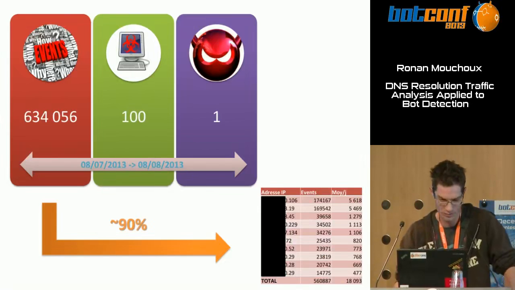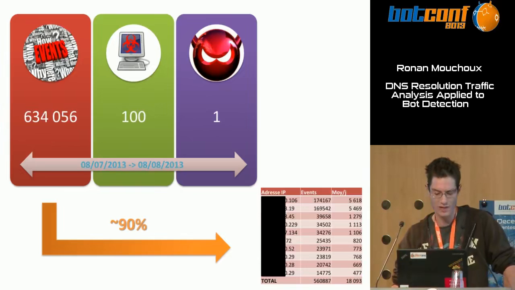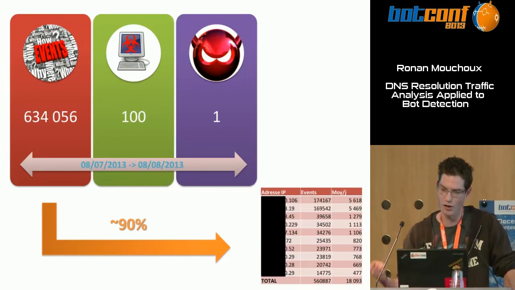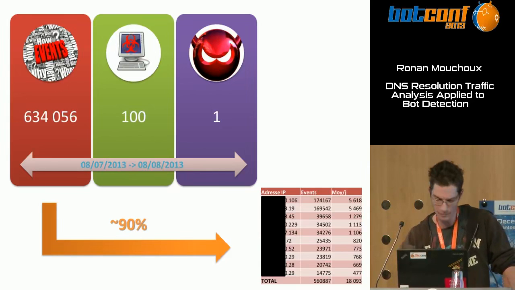Stage 3 was statistics, so there is no great interest in presenting the statistic script, but more the statistics themselves. During 1 month, there were more than 600,000 events produced by 100 unique hosts for 1 threat, Mariposa.